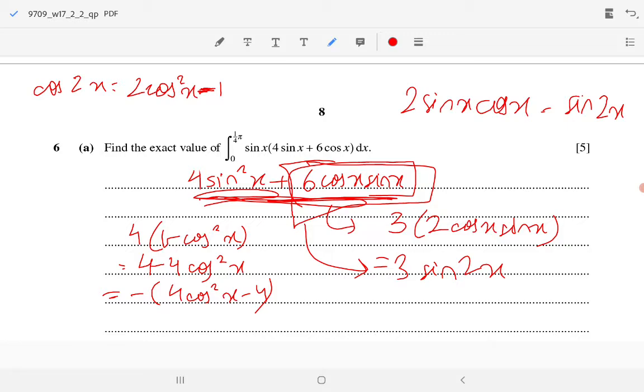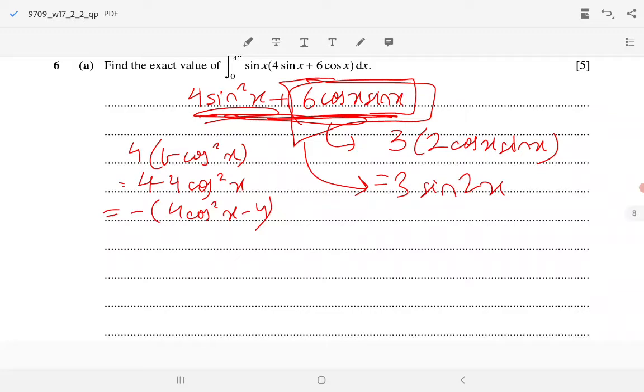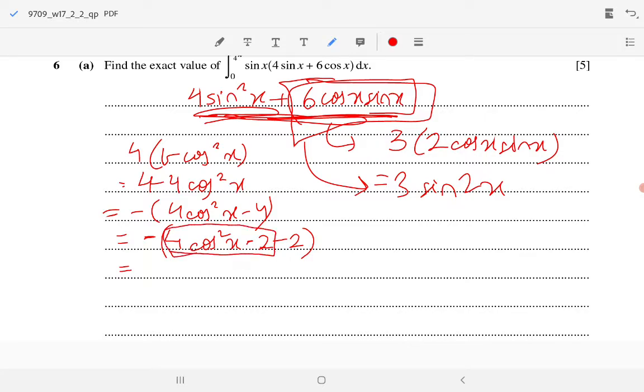Alright, so we have negative 4 cos square x minus 2, then we can just take this part, minus 2 cos square x minus 1.